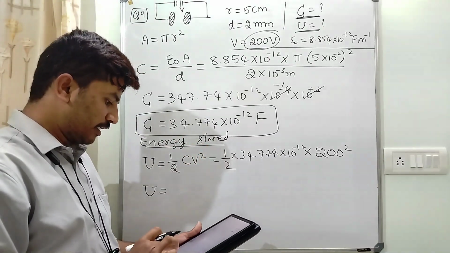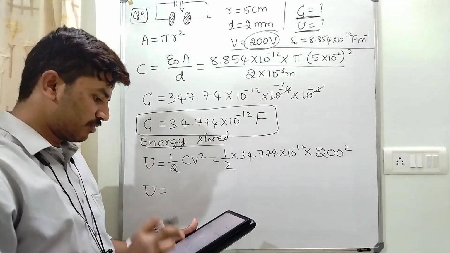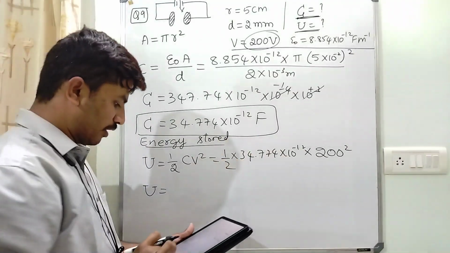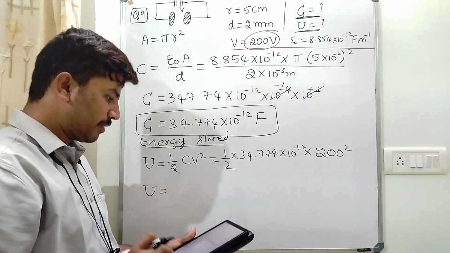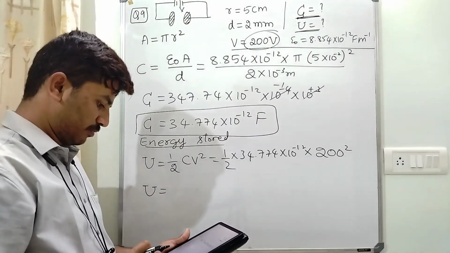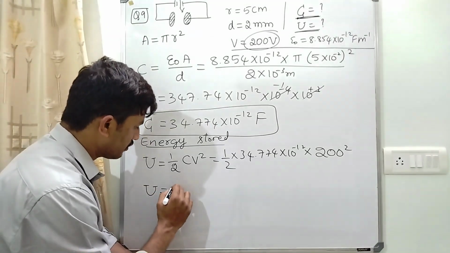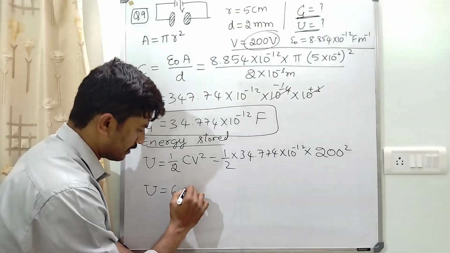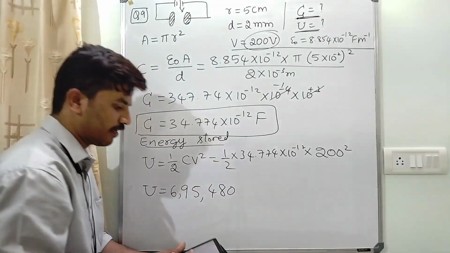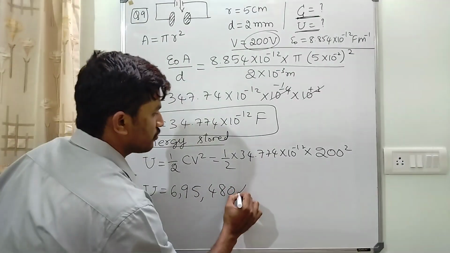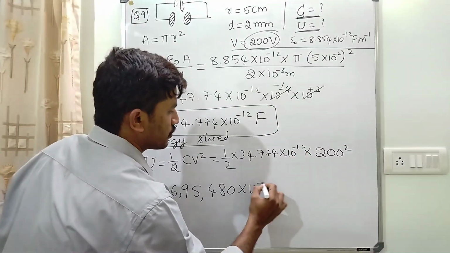So that is 34.774 into 200 square divided by 2. So that will be somewhere around 6,95,480, now into 10 to the power minus 12.